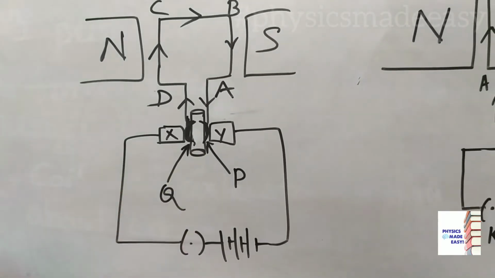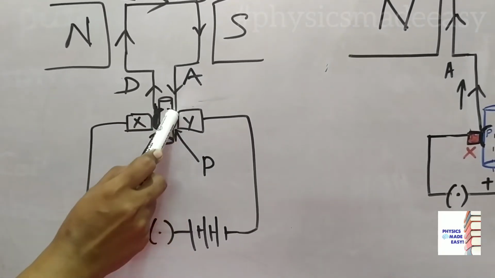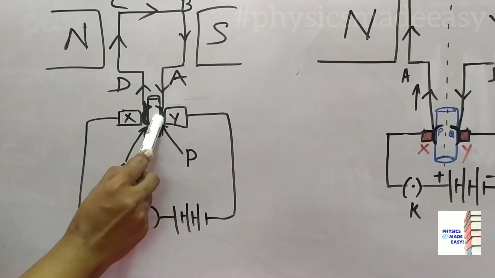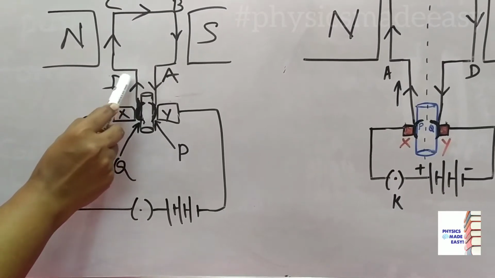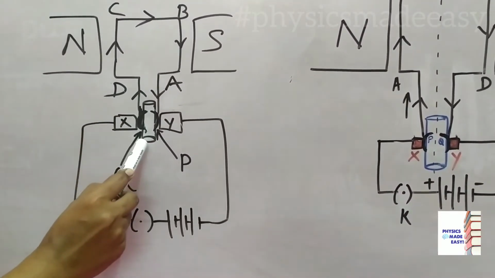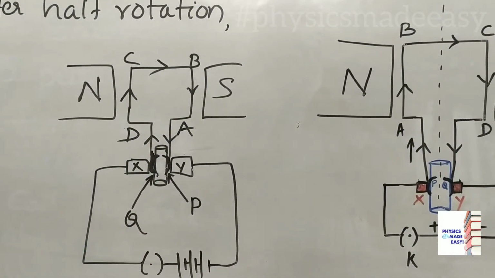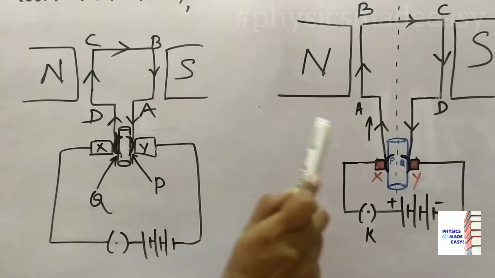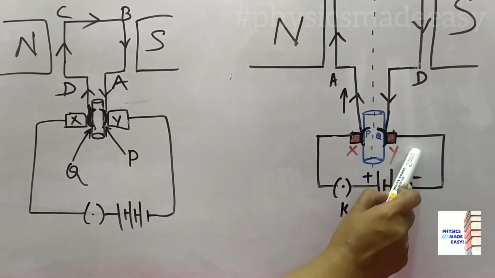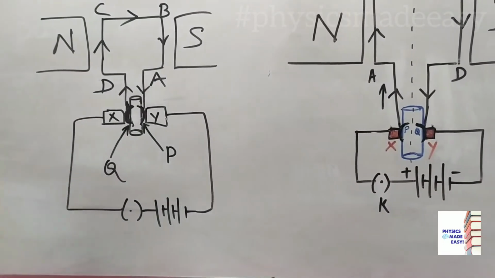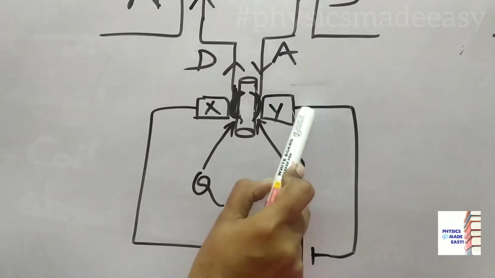Now you can see A is in contact with P. So this split ring P is in contact with the conducting brush Y. On this side you can see the other end of the coil, D, connected to split ring Q, which is in contact with X. As in the first half of the rotation X is in contact with P and Y is in contact with Q, after that half of the rotation X is in contact with Q and Y is in contact with P.